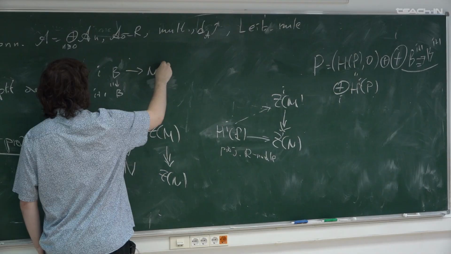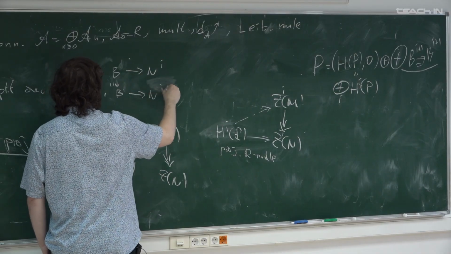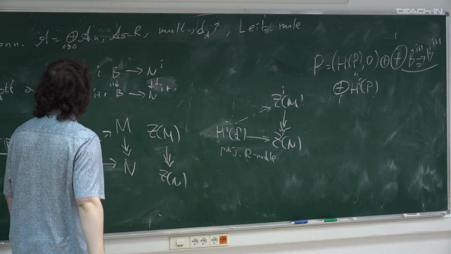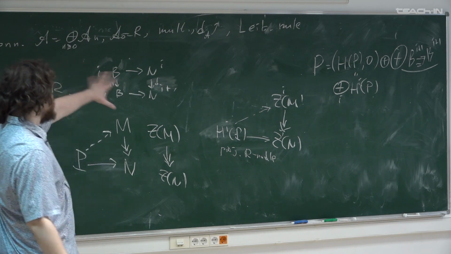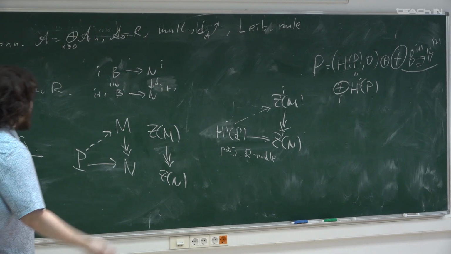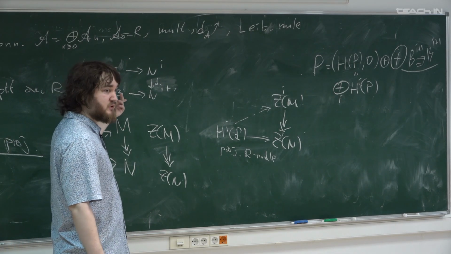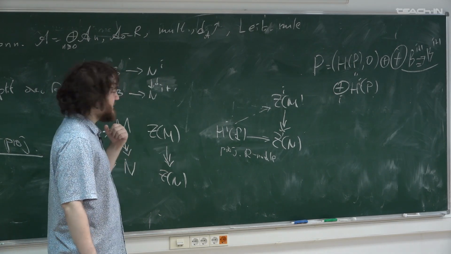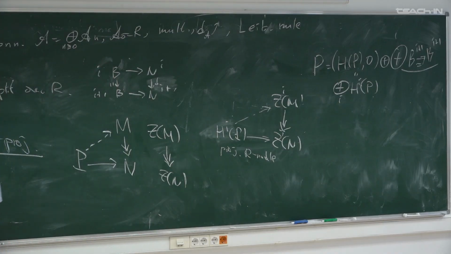You have some maps such that it commutes. It's an easy exercise for this cochain complex, using that they are projective modules and that on cycles it's an epimorphism. It's an exercise to check that for a two-term complex.